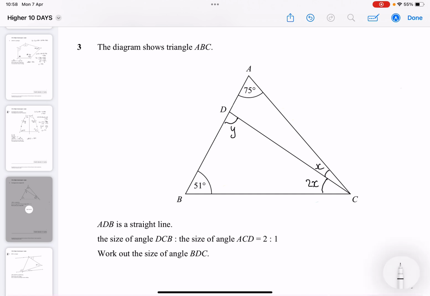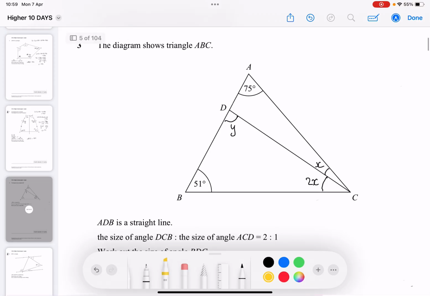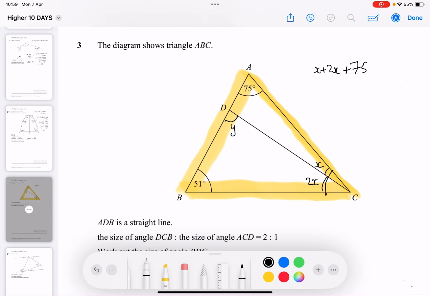So first of all, if I look at this triangle, which is ABC, I can see that I've got x plus 2x, that makes this big angle here, plus 75 plus 51 equals 180 because it's a triangle.